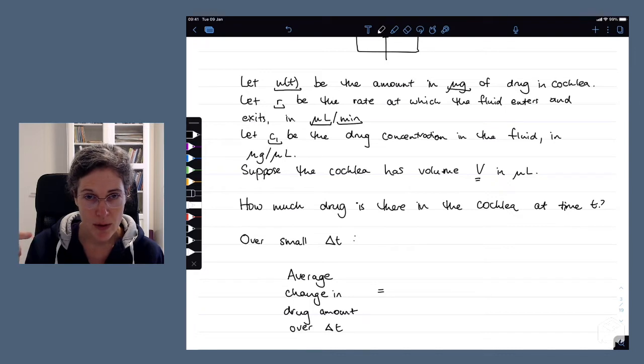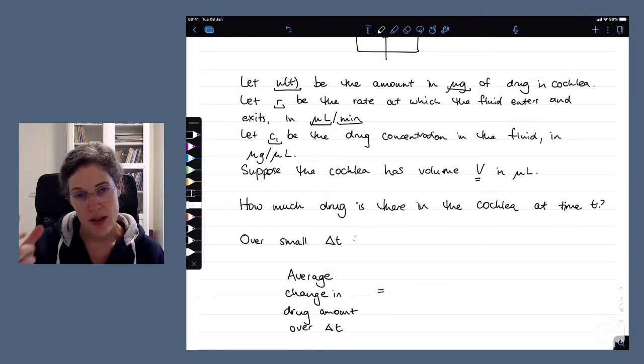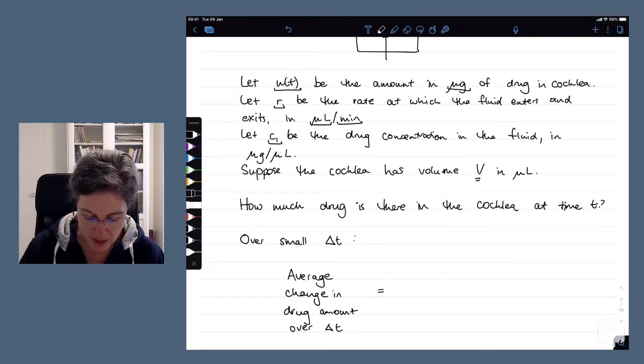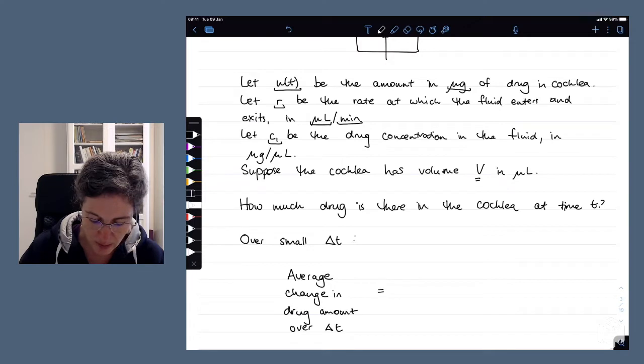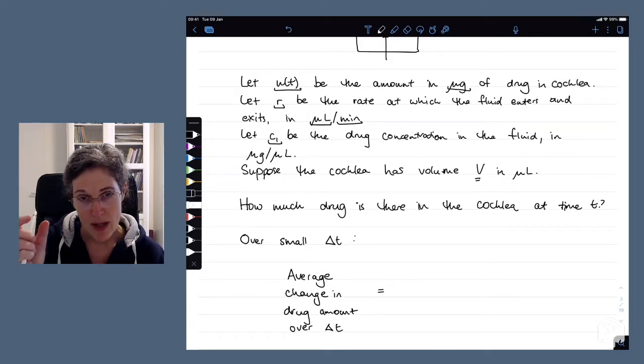If there was no fluid being put in or taken out, then the drug amount wouldn't be changing. So what's causing the change must be, firstly, how much is being put in, and secondly, how much is being taken out. Since we're assuming that the drug doesn't get absorbed or anything like that, a very simple system here, there's no other way that the drug can leave except through the little pipe. So the total change in the drug amount over delta t must be based on how much goes in less how much goes out.